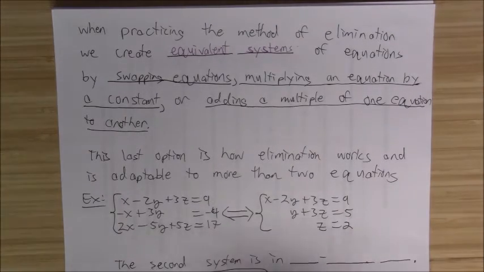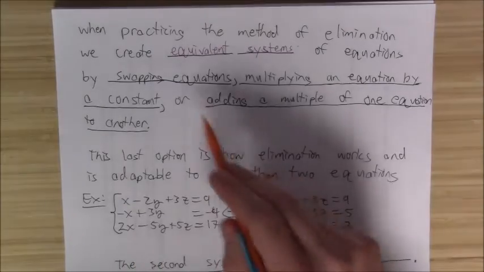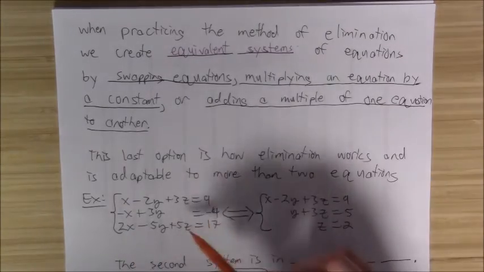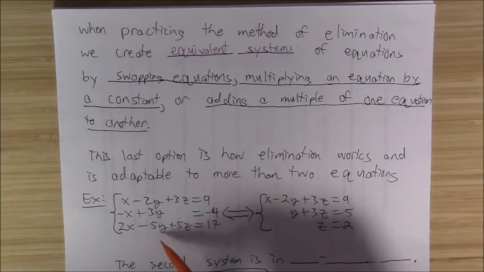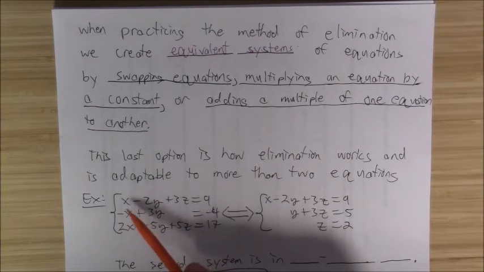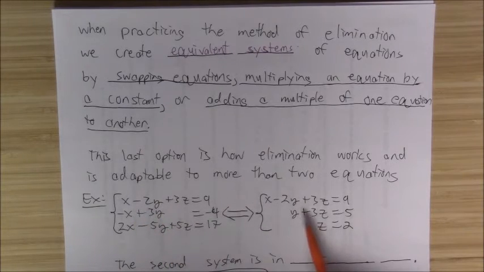Namely, if we had three equations, we could do this by swapping, well, we didn't swap any equations here, but what we did do is add the top row to this row. We would eliminate the x's there and just get a y plus 3z. So that's how they get that one.